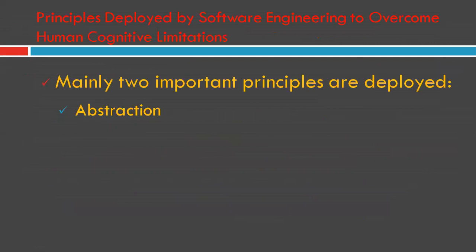So here the software engineers help to reduce the program complexity. The software engineering principles use 2 important techniques to reduce the problem complexity. One is abstraction and the other one is decomposition.